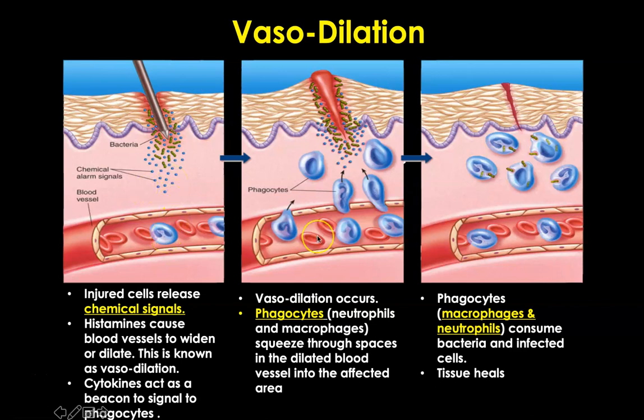You can see in the second picture the phagocytes: here's one of our neutrophils with a 3-lobed nucleus, and our macrophages are coming towards the bacteria to engulf and destroy. Okay, and the last thing here is that the macrophages have now cleaned up and are digesting those pathogens, those bacterial cells, and the tissue begins to heal in another process.